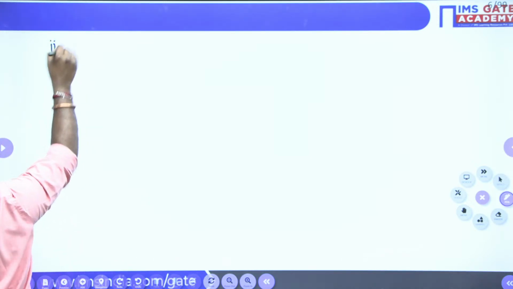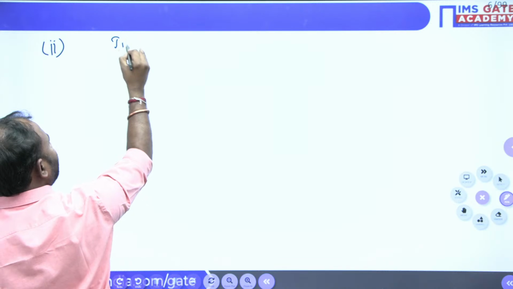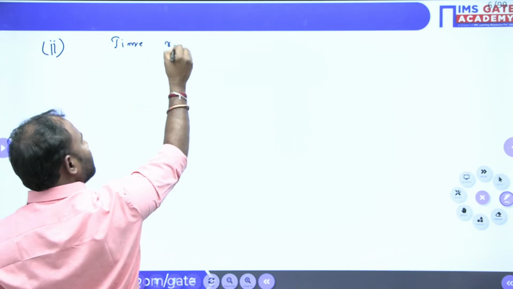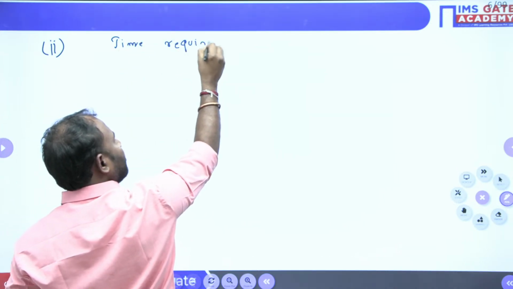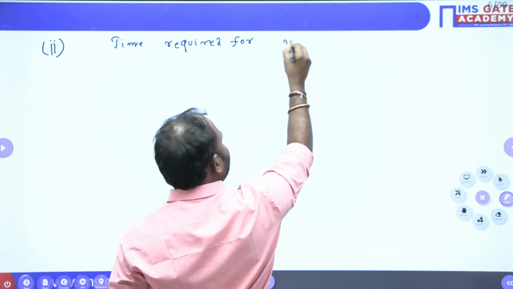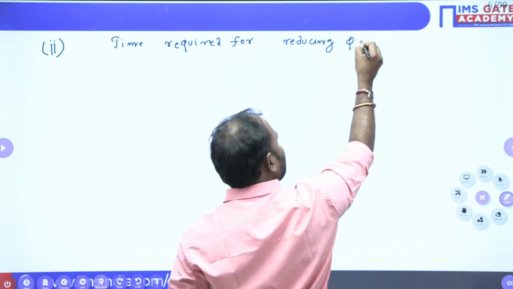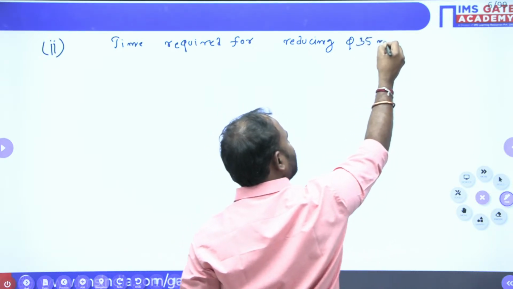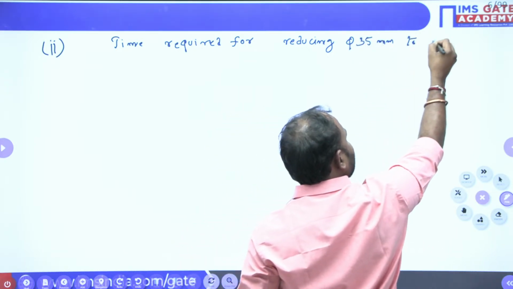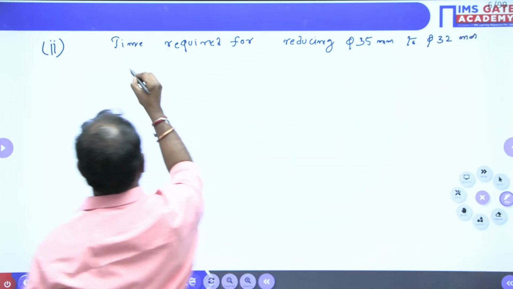In the second step, what am I going to do? Time required for reducing diameter 35 mm to diameter 32 mm in a 40 mm length.